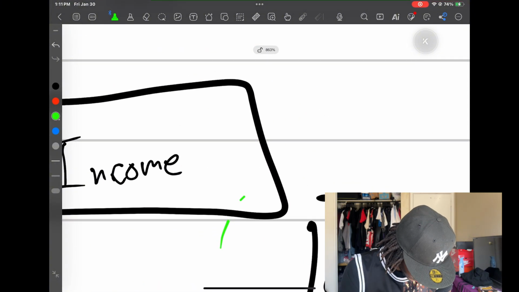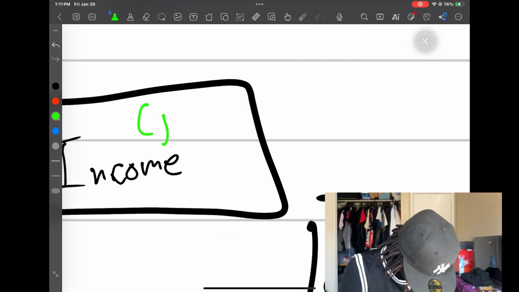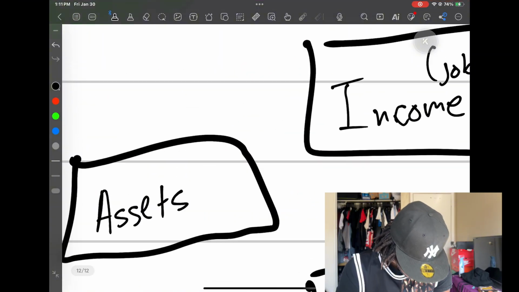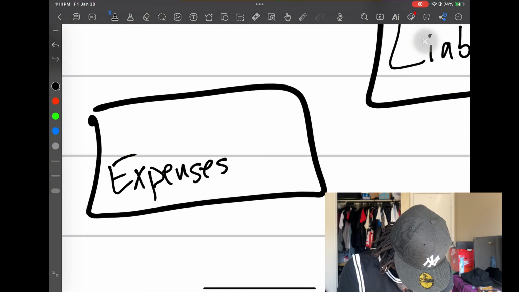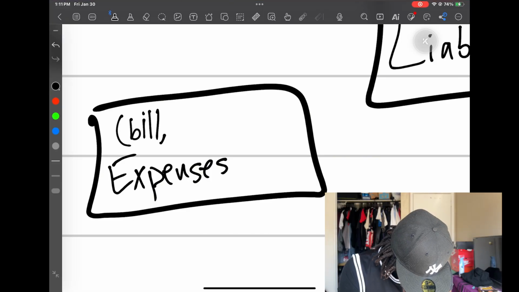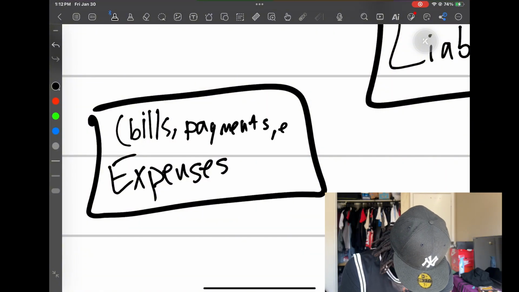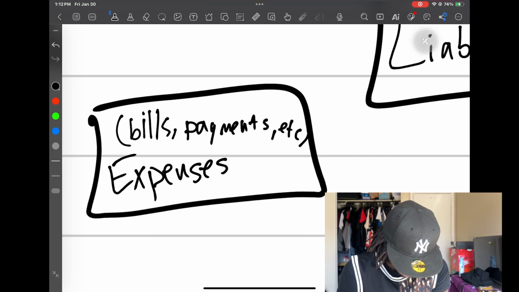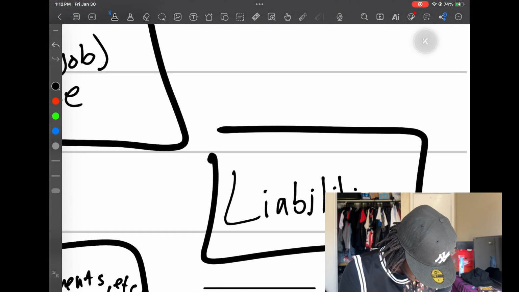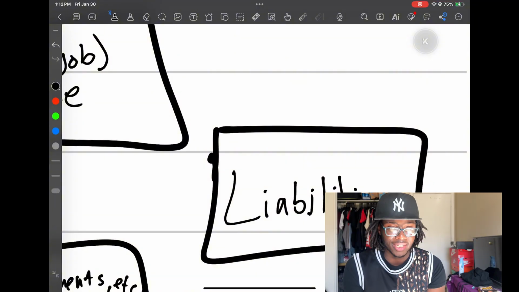Income is job. Expenses is bills, payments, etc. And liabilities are things that you own that make you no money, or things that are taking money out of your pocket.